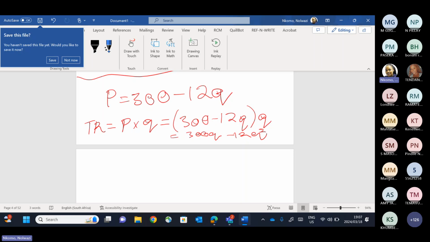But what more can we find from this information? Since we have the total revenue, we can find the marginal revenue.